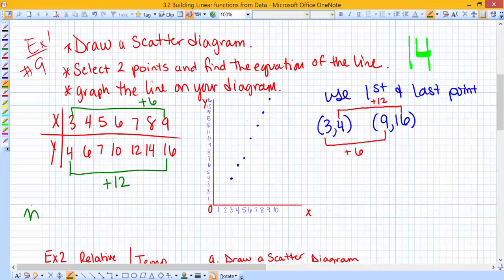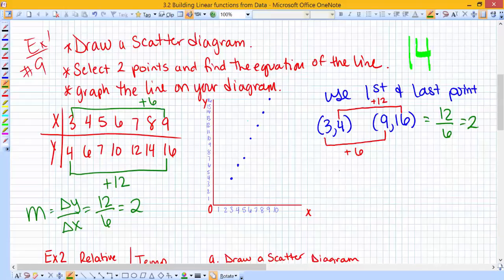Just don't forget your slope is delta Y over delta X. It's my change in Y over the change in X, which is 12 over 6, which is 2. And I get the same thing here, 12 over 6, which is 2. So there's my slope. Once I have my slope, now I'm going to pick a point, and what we did back in Chapter 1 and Chapter 2, you are going to use the point slope form.